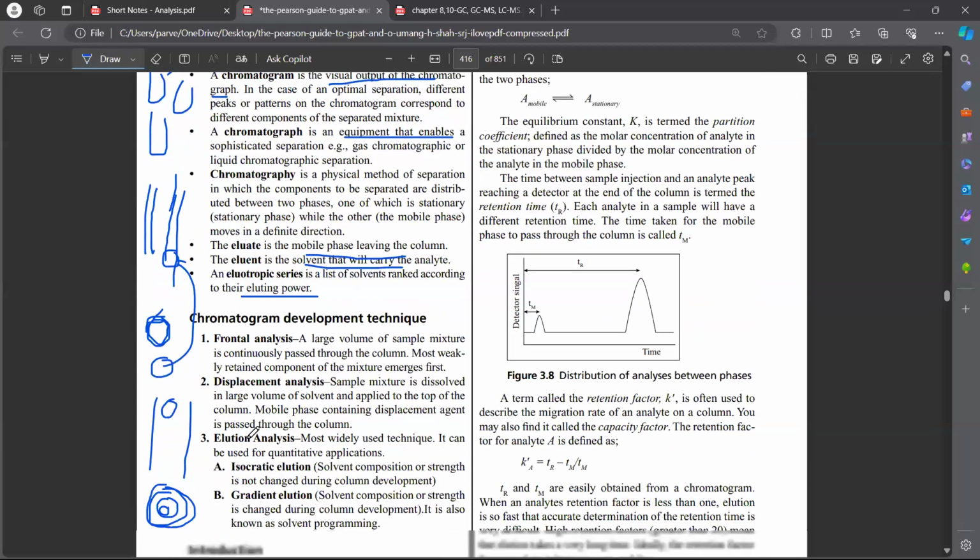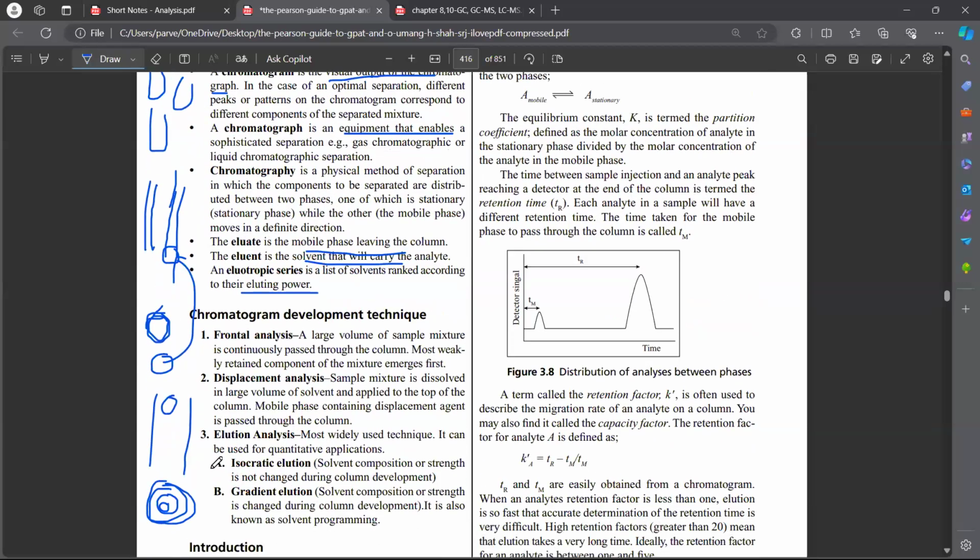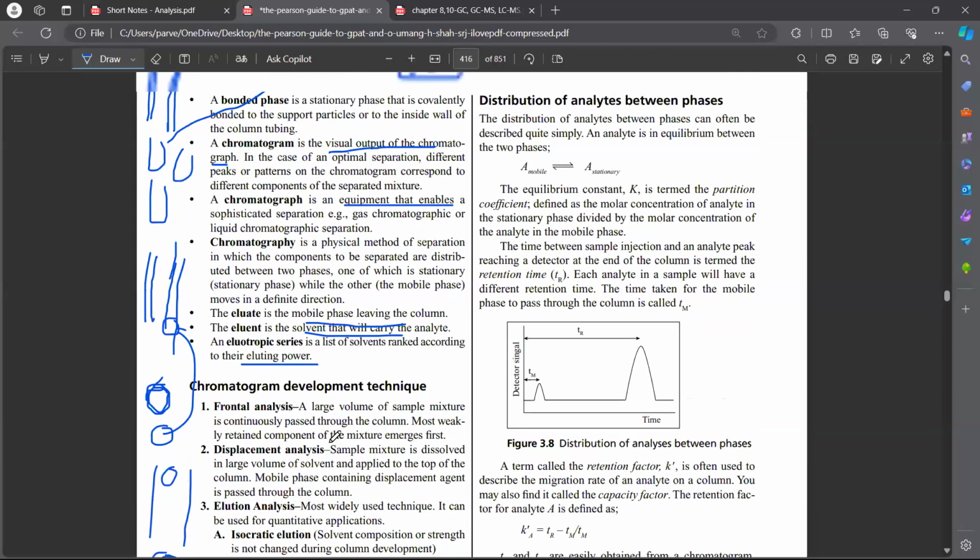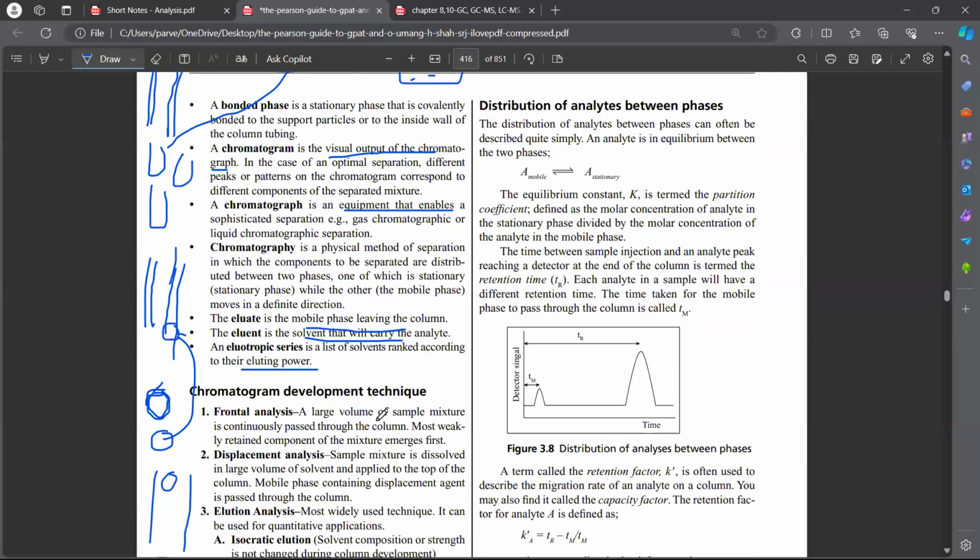Where I mentioned elution analysis, there is also frontal analysis. In frontal analysis, a large volume of sample mixture is continuously passed through the column. The most weakly retained component of the mixture emerges first. As I mentioned, those components which have weaker interaction with the stationary phase would be eluted out first.